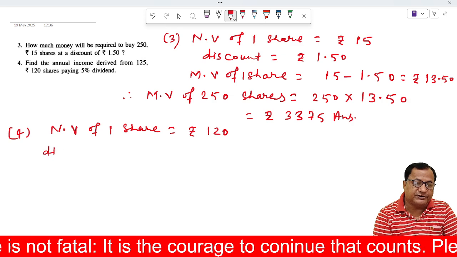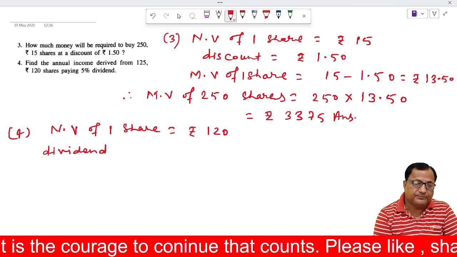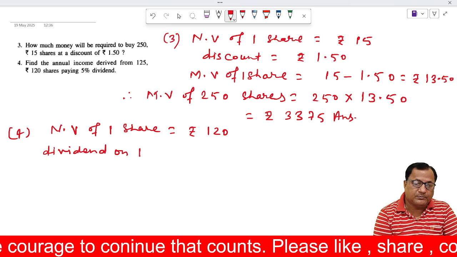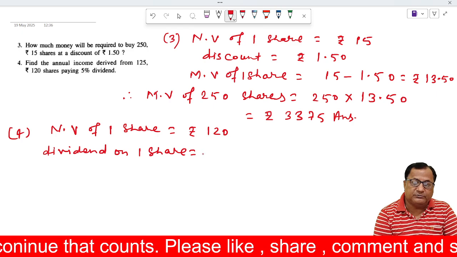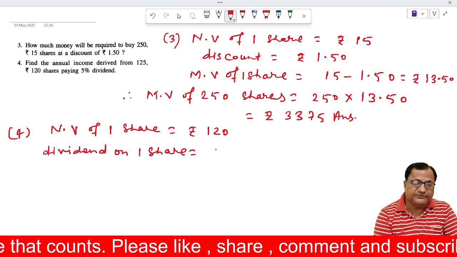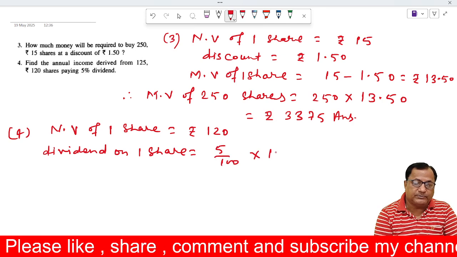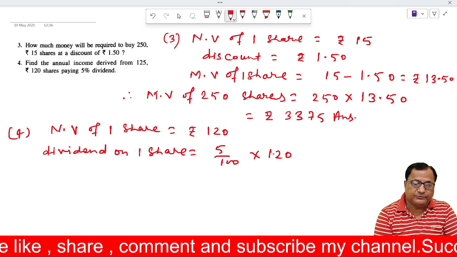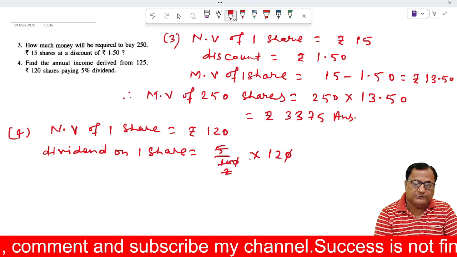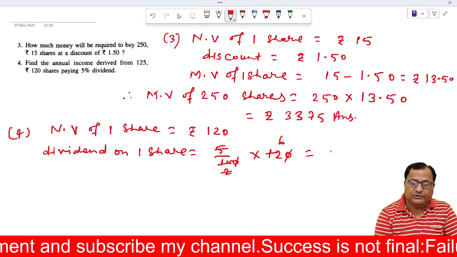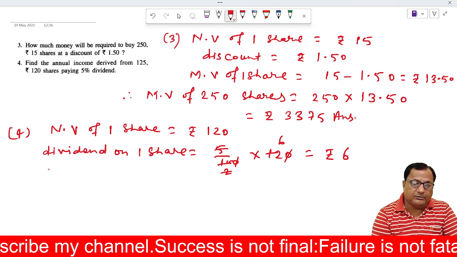Dividend on one share is equal to 5% dividend, so 5 by 100 into 120. So this will become rupees 6. Rupees 6 is the dividend on one share.